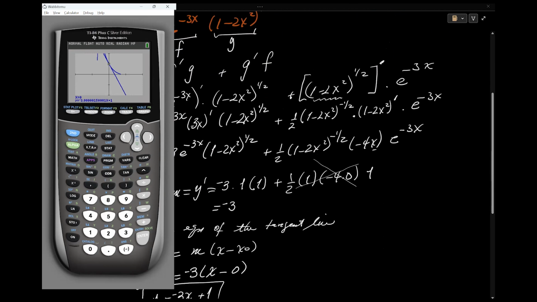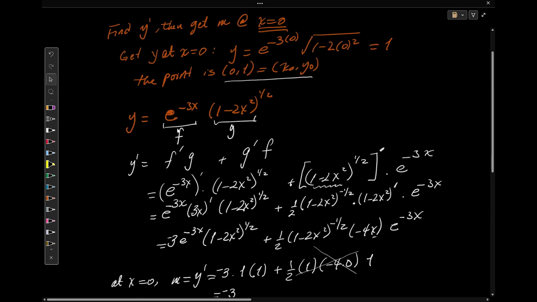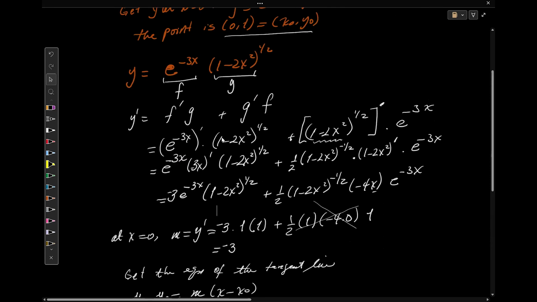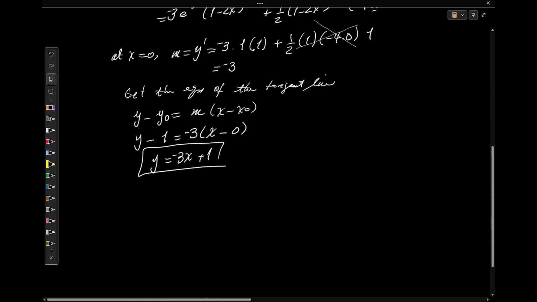So if I did not catch that mistake while I was putting the function into the calculator, I would have looked here and said, oh, 3x plus 1. I'm missing a minus. So I got to go back and double check my work. I know I've caught it right about here. When I'm taking the derivative, the power is actually negative 3x instead of 3x. Okay? So this is how we do it.